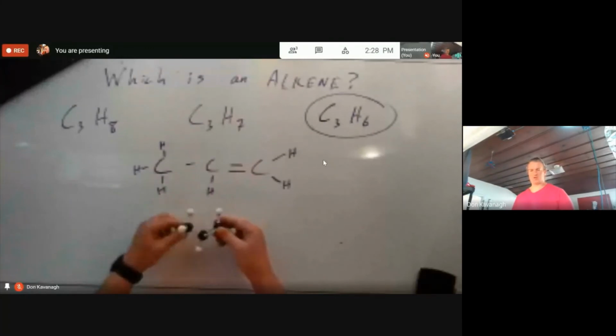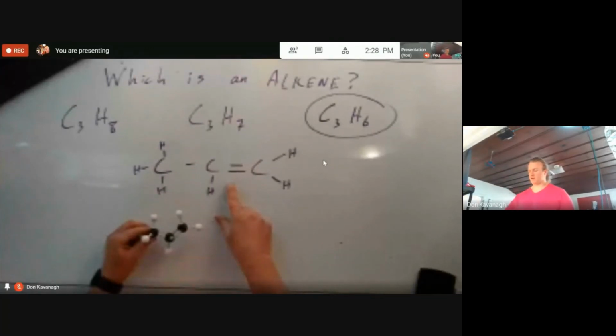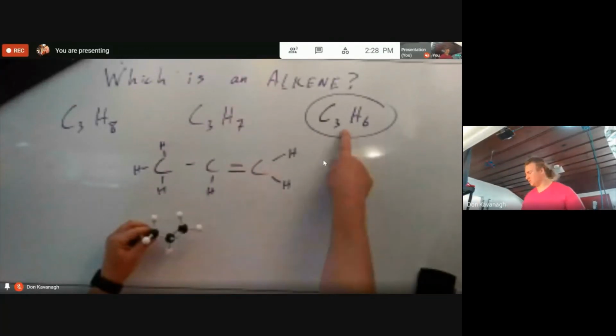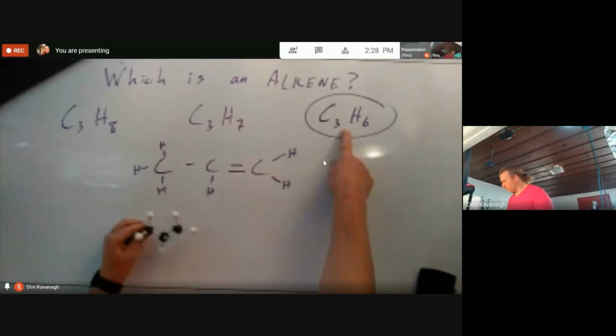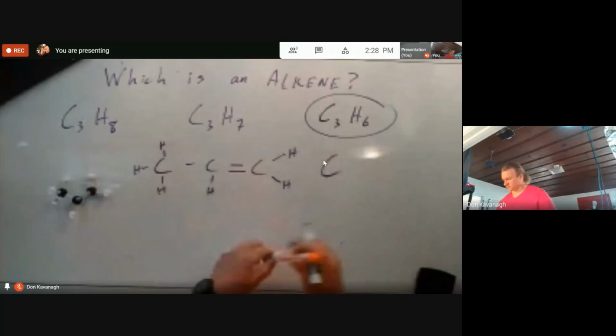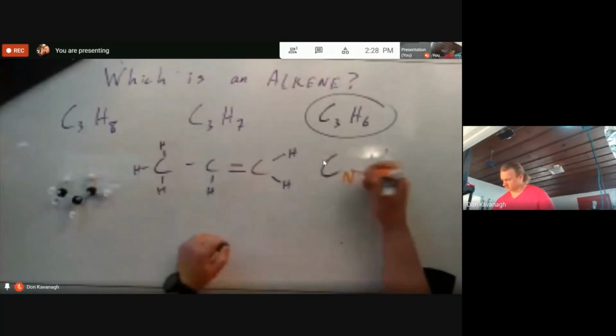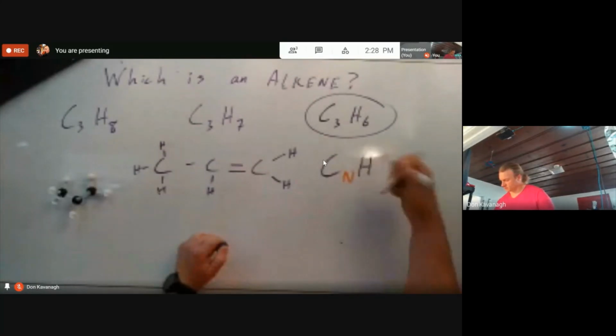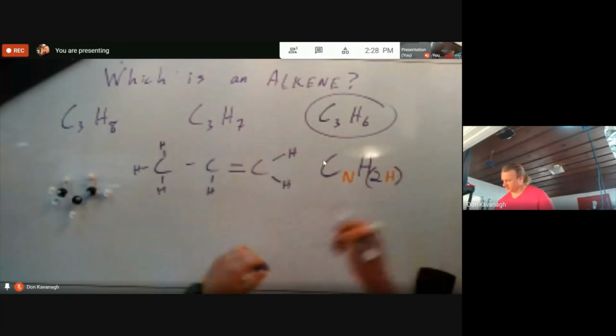We can also confirm that this is a generic formula for an alkene using this little formula for alkenes. Oops, that should be an n.